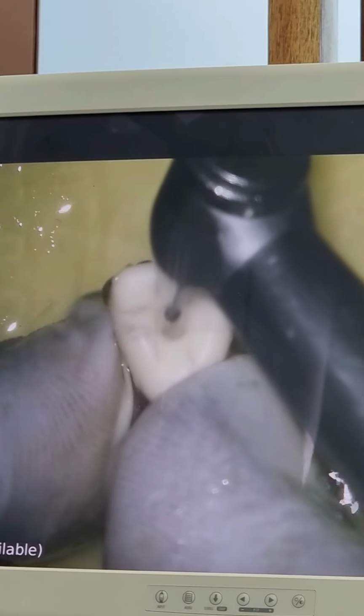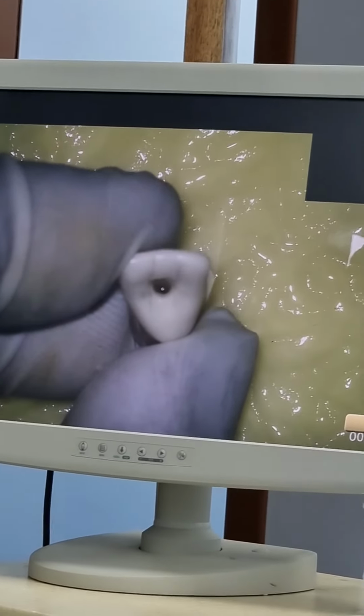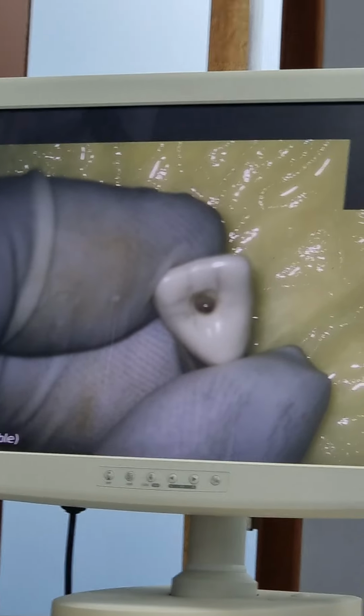You see? Inside out, following the outline form. We have exposed the pulp chamber and we started the de-roofing with the round burr.